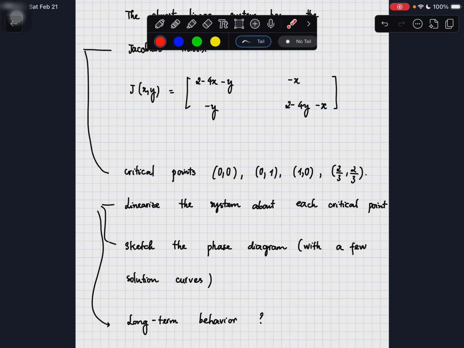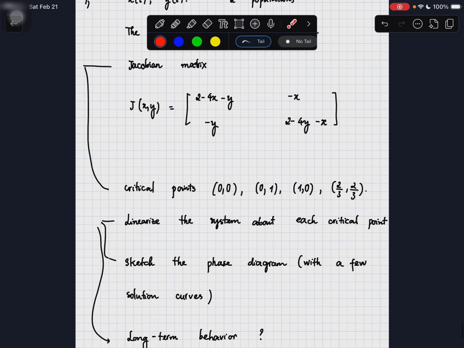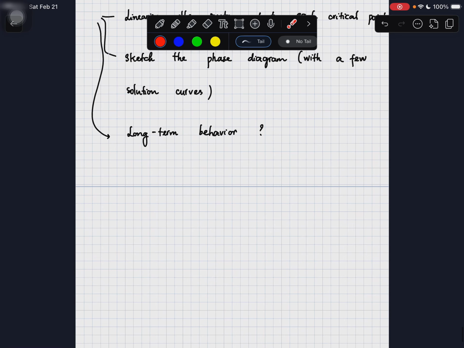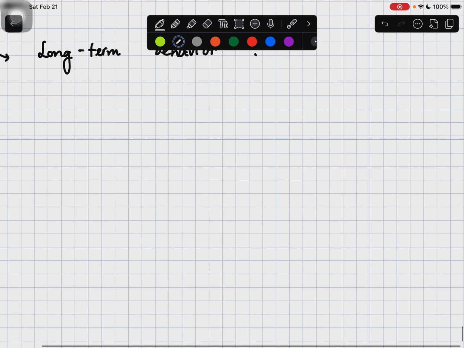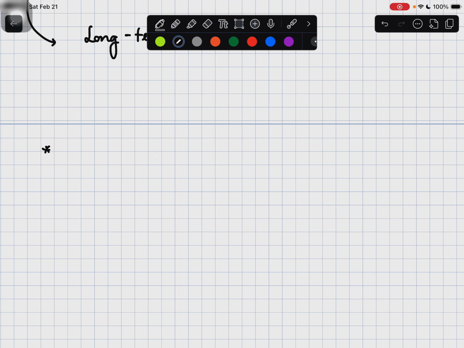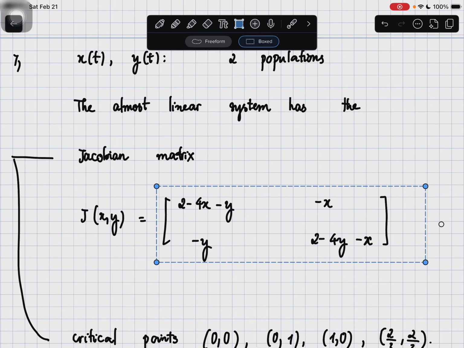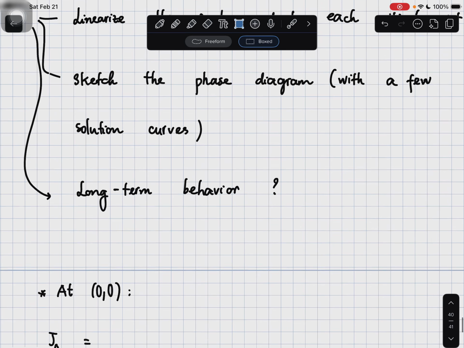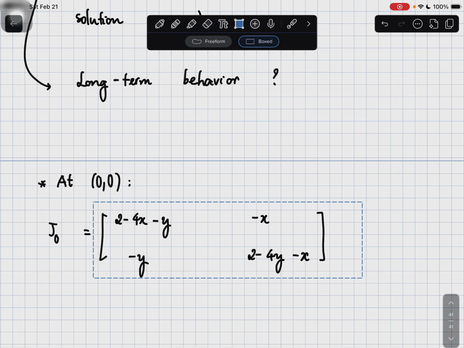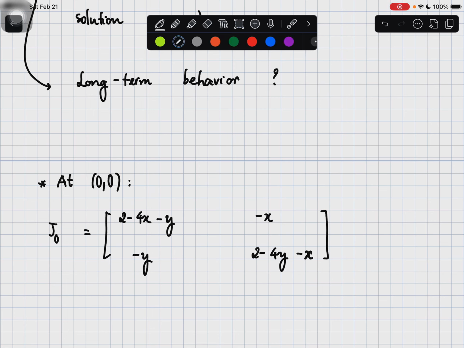So let's do this. We consider each critical point, at 0, 0 first. The Jacobian matrix, let me call it J0. This is the Jacobian matrix at x, y.